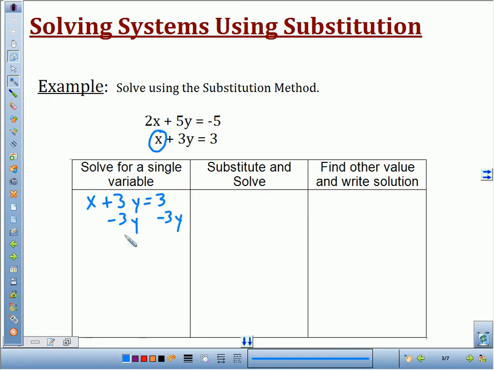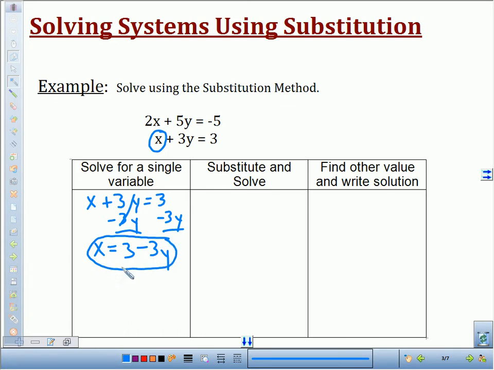And I'll do it from both sides because I have to. On one side, x equals. On the other side, I cannot combine 3 and negative 3y because they don't have exactly the same variables. Instead, I simply write 3 minus 3y. So I have solved for the x variable.